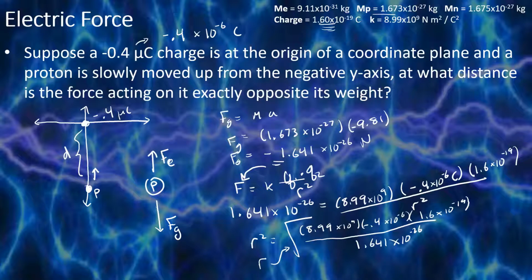So I'm going to do most of that simultaneously. Let's do the first part, 8.99 times 10 to the 9th times negative 0.4. Now, when I do that square root, I'm actually not going to want that negative right there. So I'm just going to take it out, times 10 to the negative 6 times 1.6 times 10 to the negative 19th. Just remember, those signs are letting us know whether we're attractive or repulsive. So this should be an attractive force.